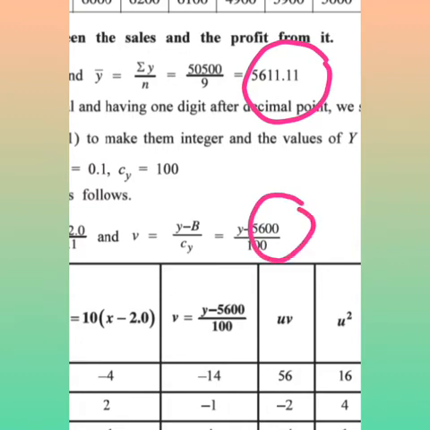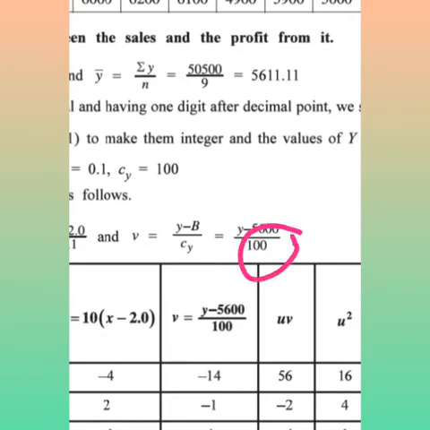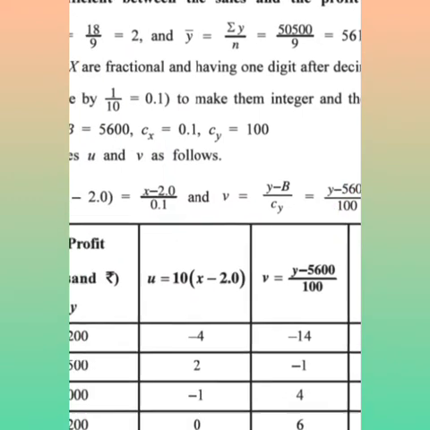After deducting, you will get all the numbers in hundreds. So they have divided it by 100, because after deducting you will get all the numbers in hundreds. Dividing by 100 is a change of scale, right? So that is how u and v could be calculated.